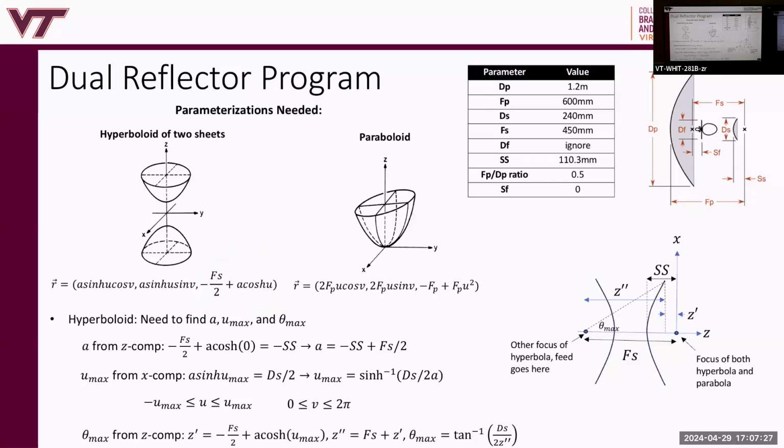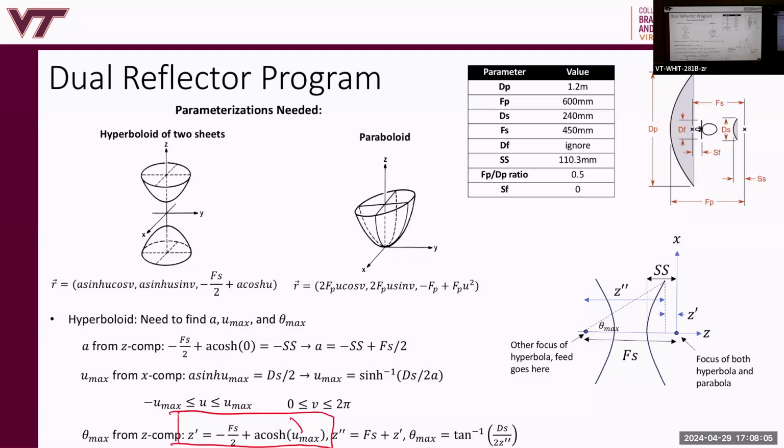So we need this point. From the z component, we say that z prime is this distance. This coordinate is what I'm calling z prime. But really we need this leg of the triangle, which we're calling z double prime. So z double prime is nothing but fs minus z prime. To calculate z prime, we take the z component and evaluate it at u max.